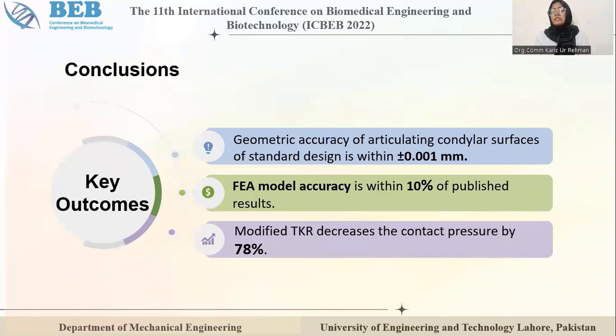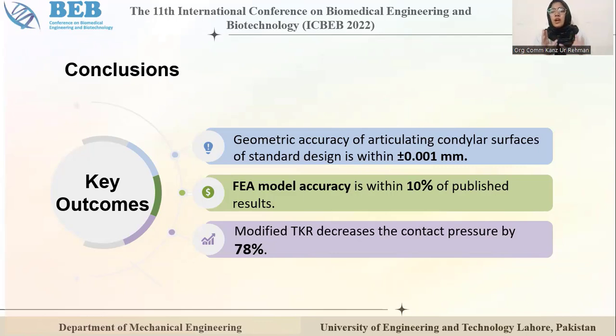So what are the conclusions? The key outcomes of our research were, first, that we were able to quantify the accuracy of our CAD model, the extent to which our reverse engineering was accurate, which was up to 0.001 millimeter and within these tolerances. Secondly, we found out that the finite element model that we used was within 10% of the published literature results, which also meant that our model was thus validated.